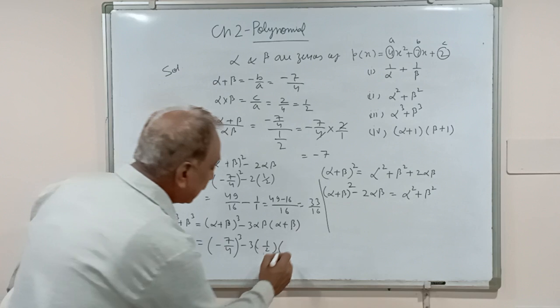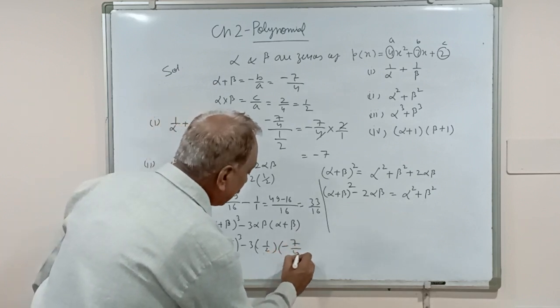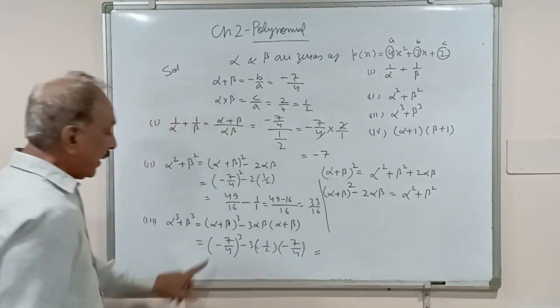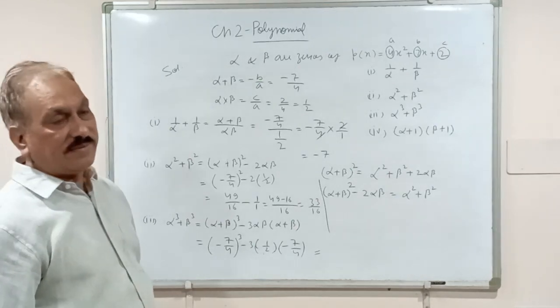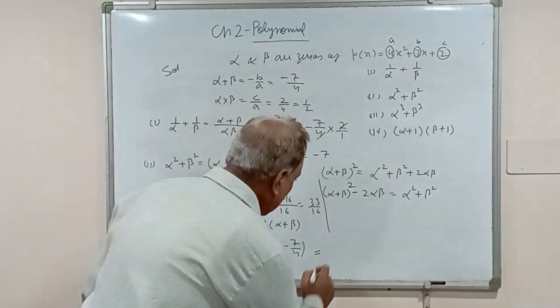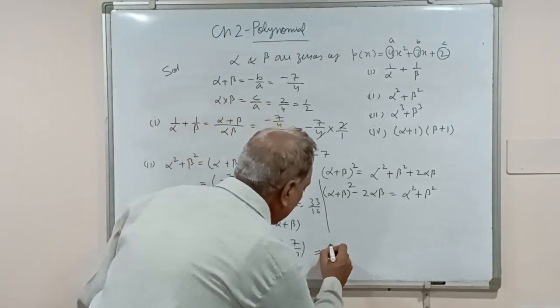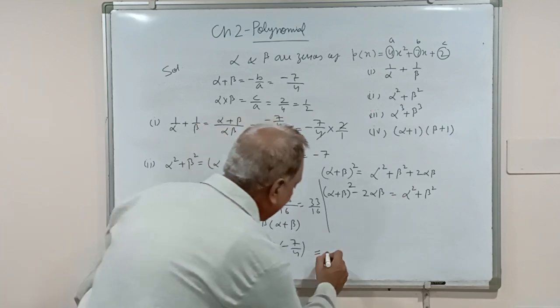So alpha plus beta is minus 7 by 4. 7 cube is 7 into 7 into 7. Cube of minus is minus.